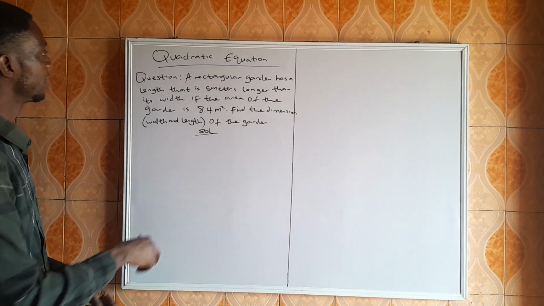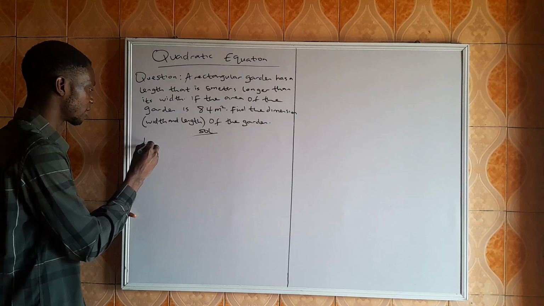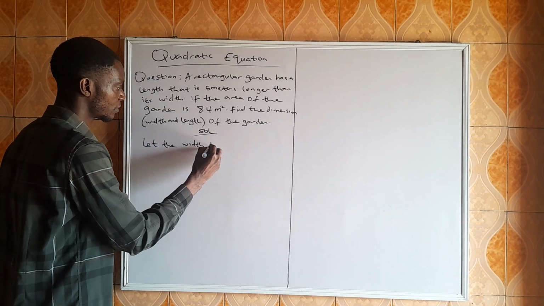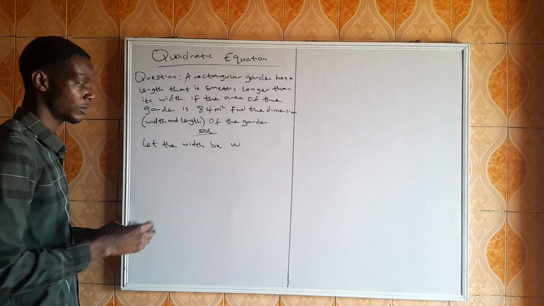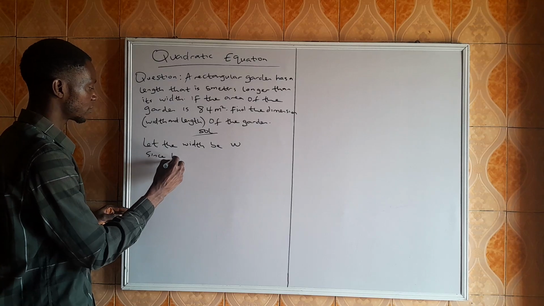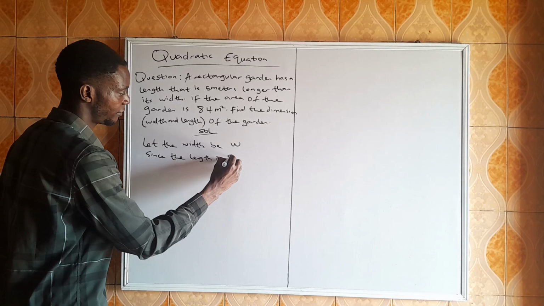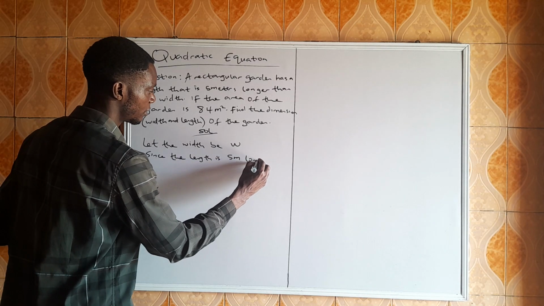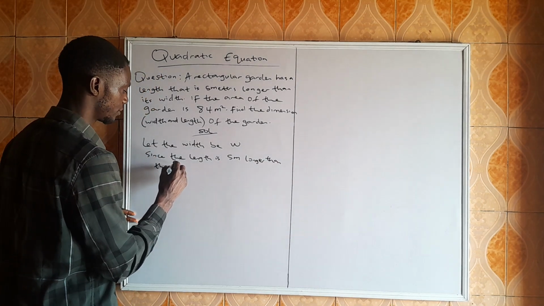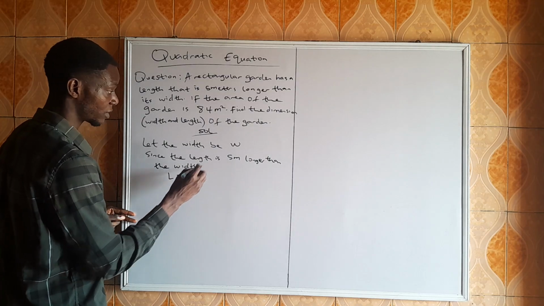We're given that a rectangular garden has a length that is 5 meters longer than its width. So let the width be W. The width is W, and since the length is 5 meters longer than the width, the length will be what?